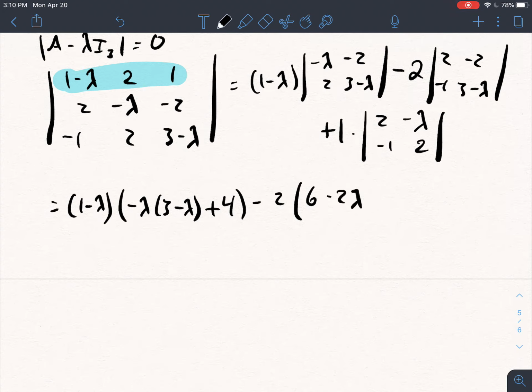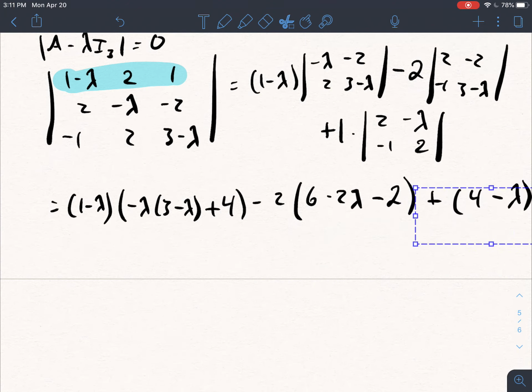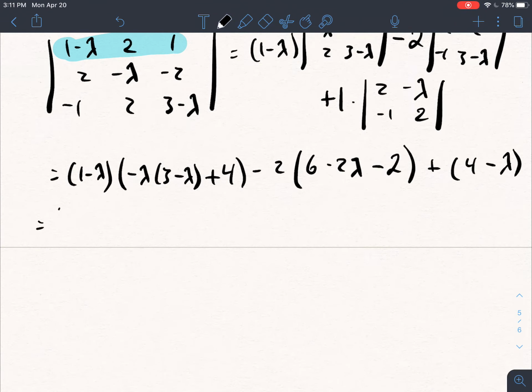Okay, then I get minus 2 times 6 minus 2 lambda, it's the first product, minus, that will be positive 2, so minus positive 2 would be still negative, and then plus 4 minus, this will be positive lambda, so I just get 4 minus lambda here. Maybe I can actually move this up. Okay, good. Let's simplify this.